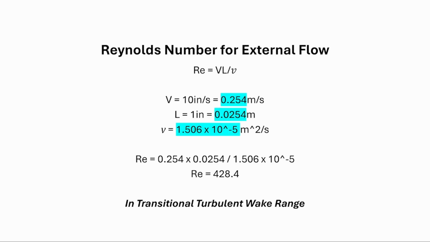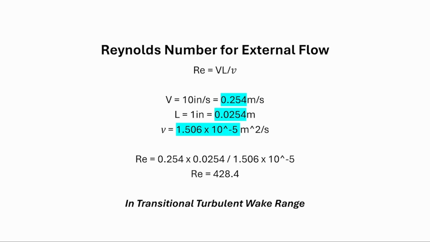The equation for Reynolds number will be the velocity of the flow times the length or diameter of the cylinder, and all of that divided by the kinematic viscosity, which is the lowercase v there, at room temperature. You can see here we calculated the velocity of the flow by recording a video of the smoke rising 5 inches.